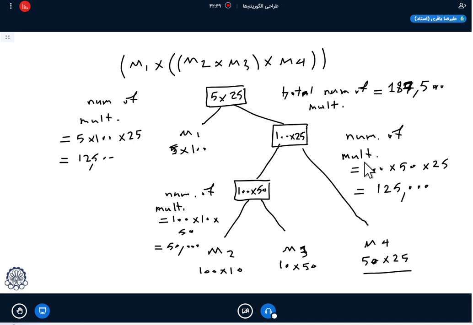Okay, so parentheses is important in matrix multiplication. So we should find the optimum parentheses. What's the optimum parentheses? We should find a parentheses in which the number of multiplications is minimum. Okay, we are going to find the parentheses that gives us the minimum number of multiplications.